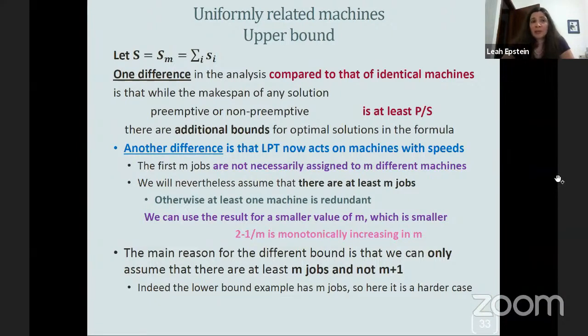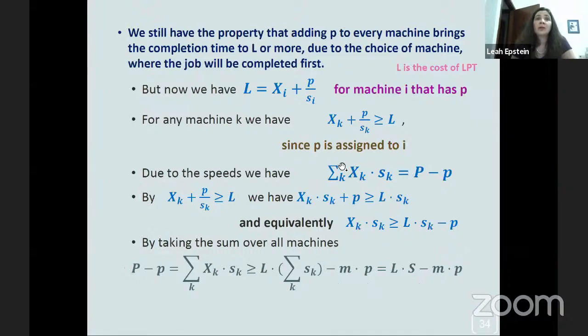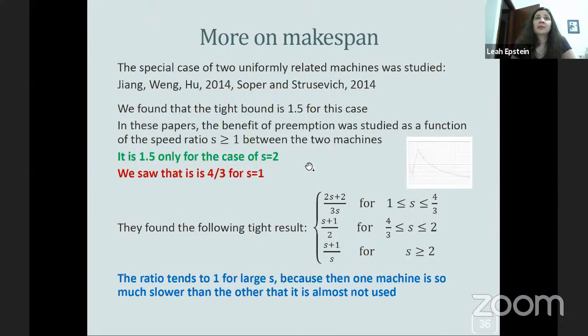So we need to consider the case that there are at least m jobs. And let's go back to the figures.